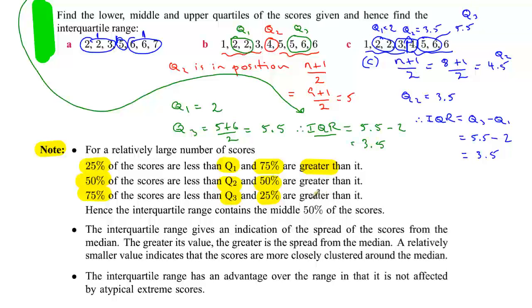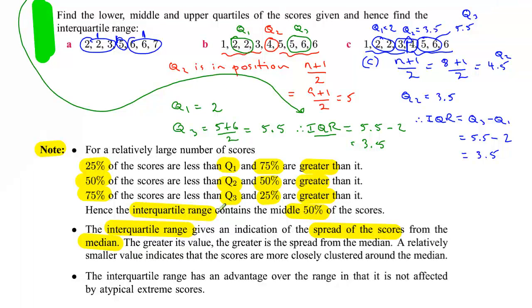Now, you might use that sort of terminology when you come to discussing the interquartile ranges. In any case, you'd be able to look at the proportions of numbers in different parts of the scores. So that's very important, having these quarters and halves and so on. The interquartile range only has 50% of the scores, remember, because you're knocking off 25% at either end. The interquartile range indicates the spread of scores from the median.